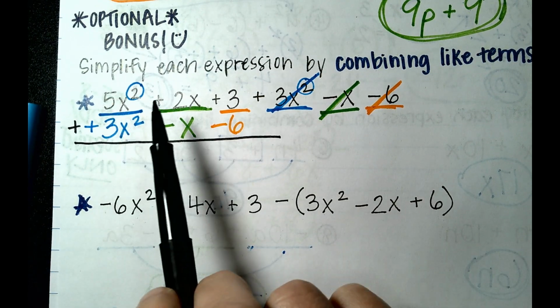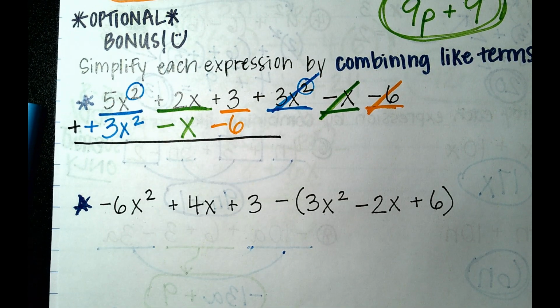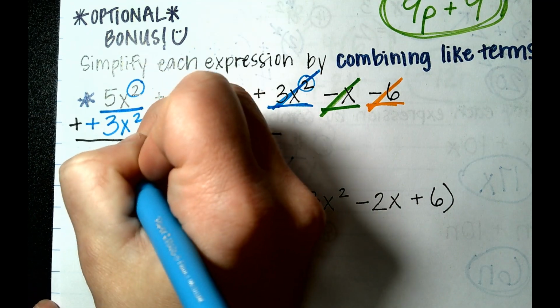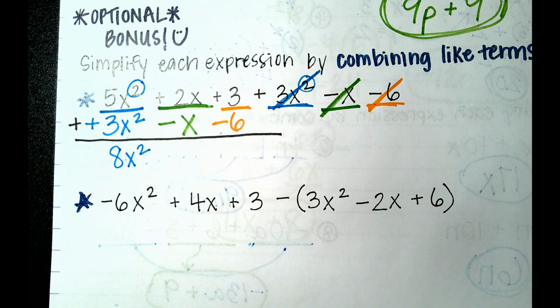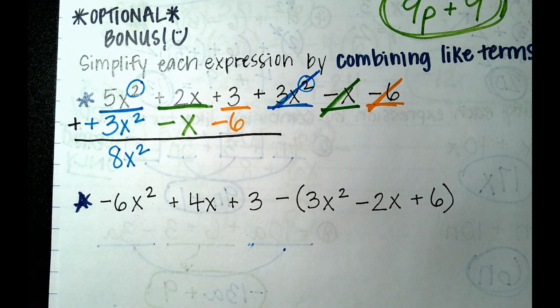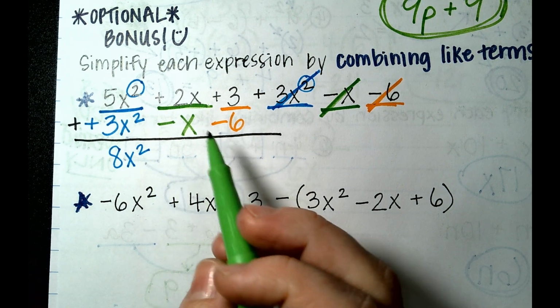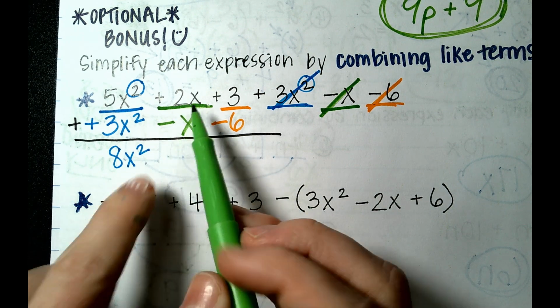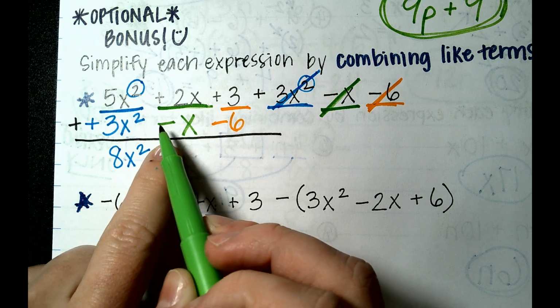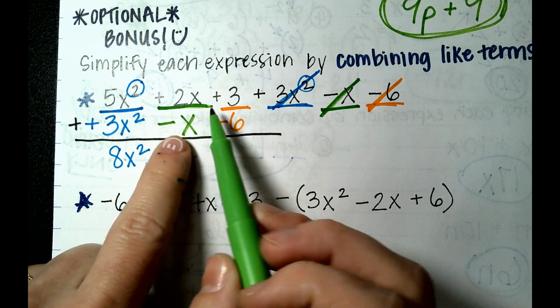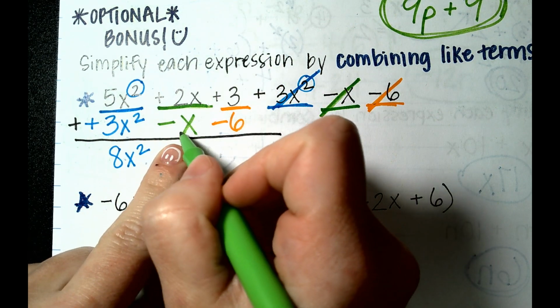So 5x squared plus 3x squared is 8x squared. Good. 8x squared. 2x minus x. What is that? So if I start with 2 and I take away an x, this is tricky because we have to remember something.